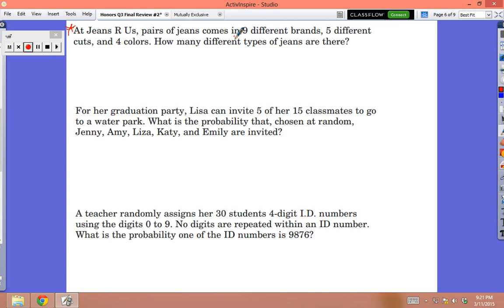There are 9 different brands, and each brand has 5 cuts and 4 colors. The counting principle says multiply all your options: 9 times 5 times 4. And what is 9 times 5 times 4? 180 different types of jeans you can choose from.